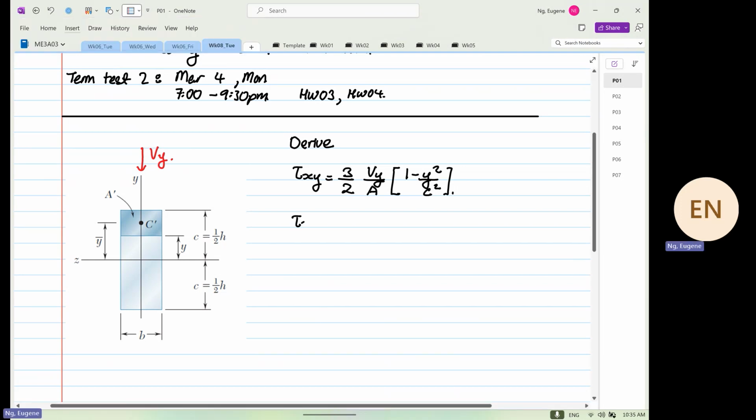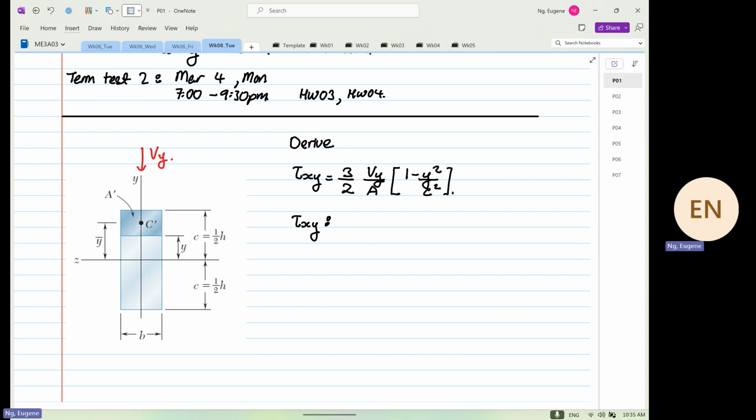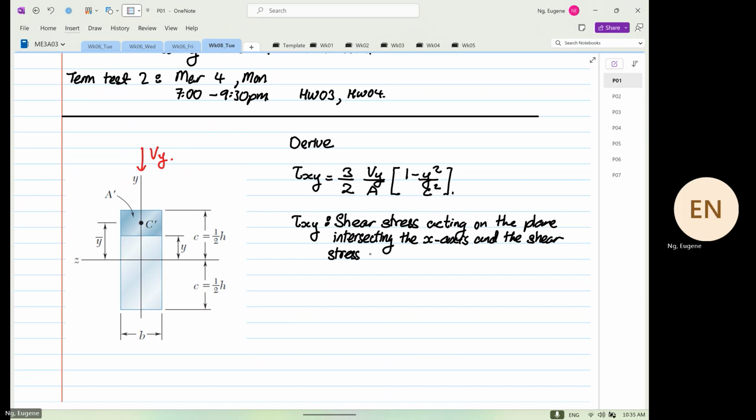So shear xy means that the shear stress acting on the plane intersecting the x-axis and the shear stress is along the y direction.